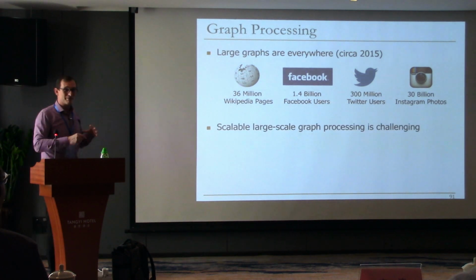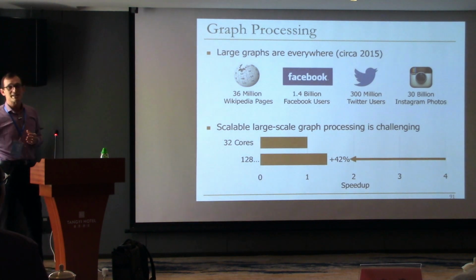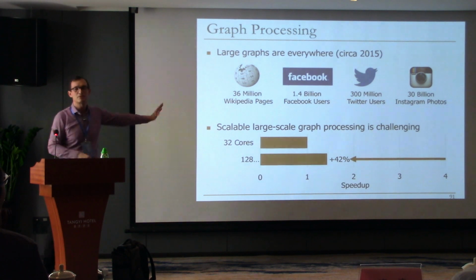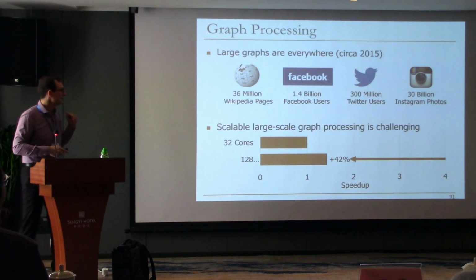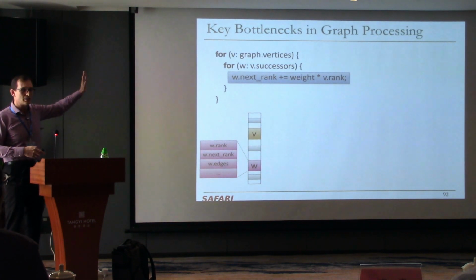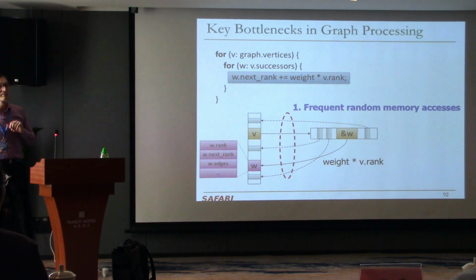But basically, scalable large-scale graph processing is very challenging. If you throw cores at the problem, you don't get much performance. If you quadruple the number of cores, your performance benefit is 40%, 20%, something like that. Why? Basically, this is the PageRank algorithm, but a lot of graph processing algorithms are like this. You have frequent random memory accesses, not a lot of locality.